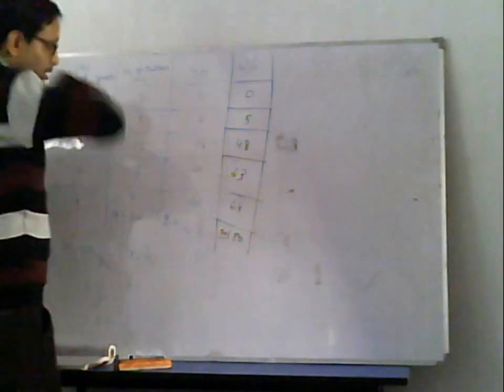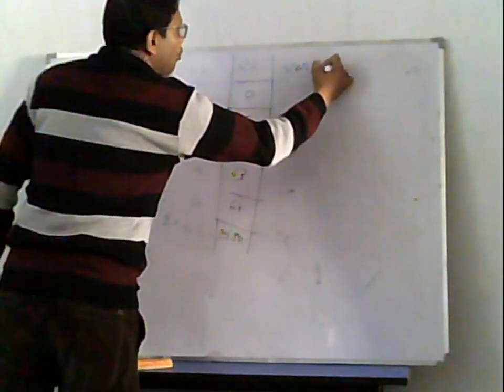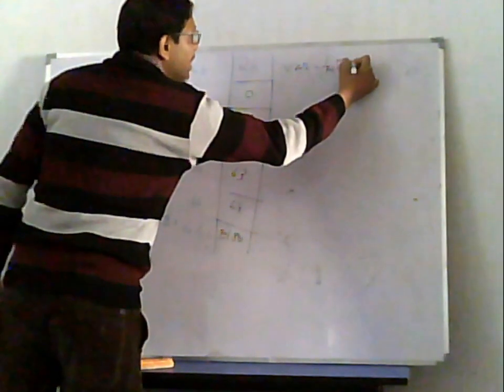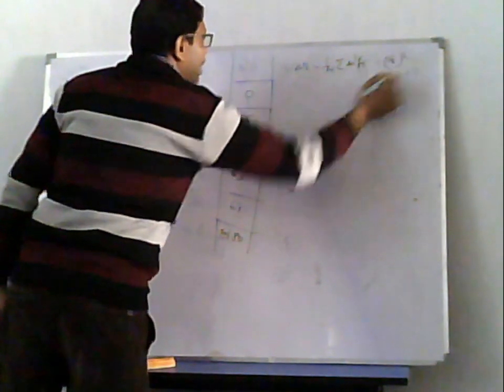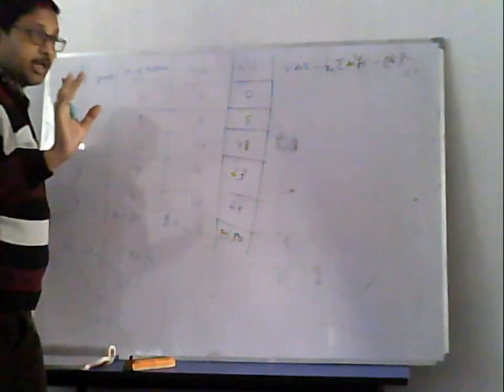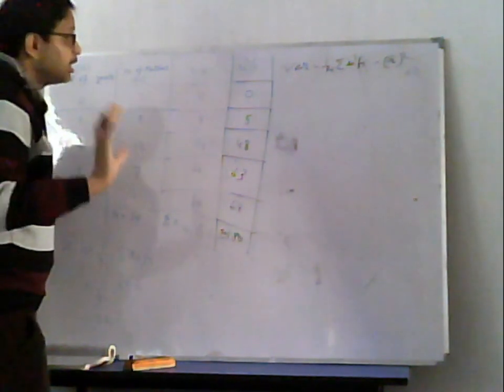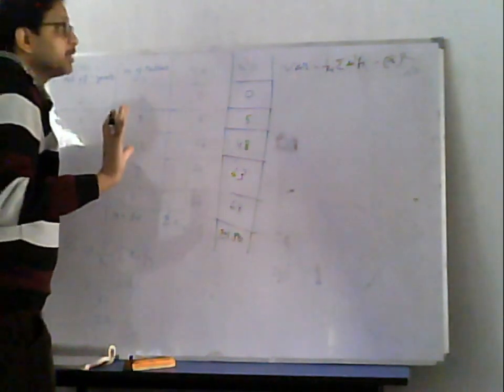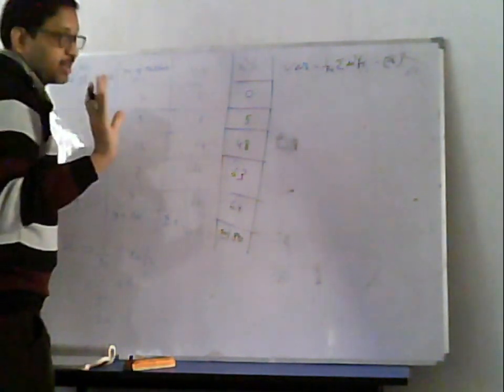Okay. Now we put the formula. Variance equal to 1 by n into sum over xi square into fi minus x bar whole square. When you calculate the variance, you first write the formula. Don't forget it. If you don't write the formula, then there is a probability of mistakes.